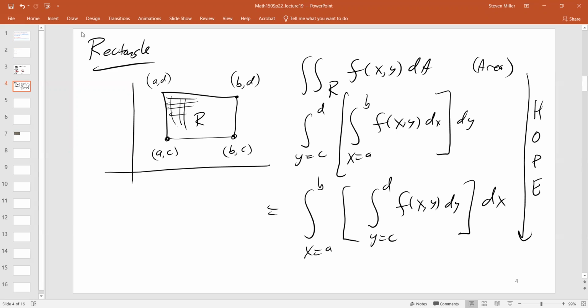Essentially, when you're chopping things up, it's equivalent to, look, fix a value of y and then calculate the contribution as I move horizontally. And then add all of those contributions for all the different values of y. That should be the same as fixing a value of x and going vertical, finding the value of that, and then adding all the different verticals.